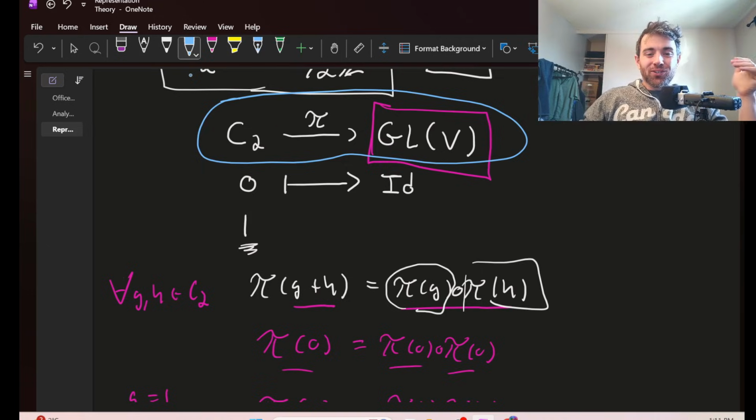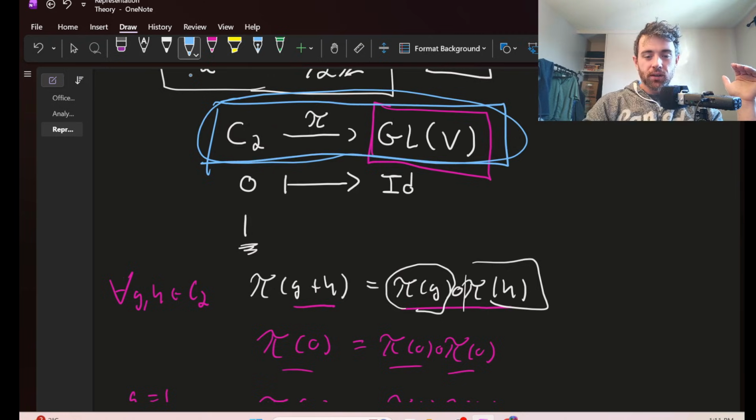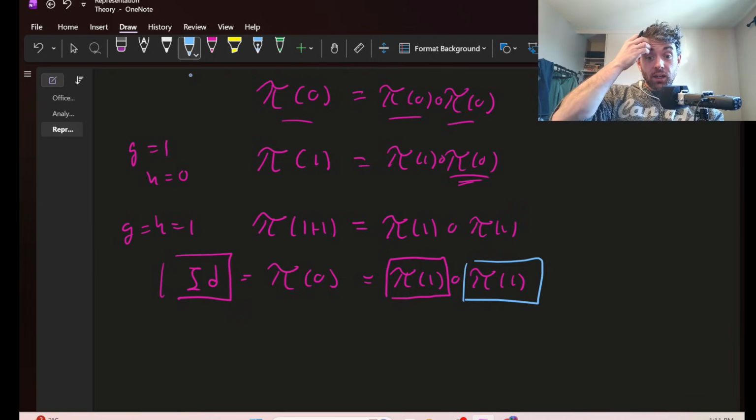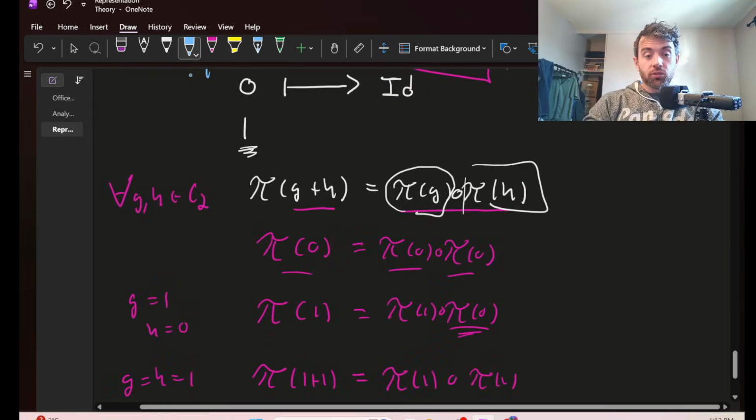So what I'm trying to say is every representation as a homomorphism from C2 into GLV must have the effect where pi 1 is a linear transformation that's its own inverse, and conversely, any linear transformation that's its own inverse will define a representation of the group C2.